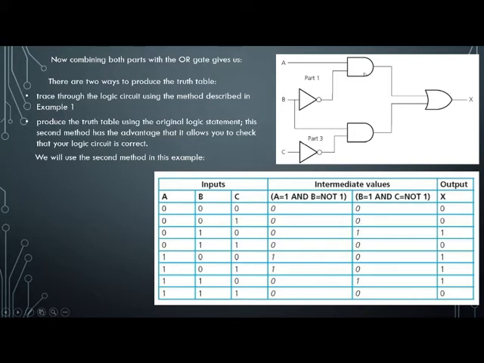You will get 0. When both are 0, it will also give you a 0. When any one of them is 1, that will give 1. You have to invert it now.